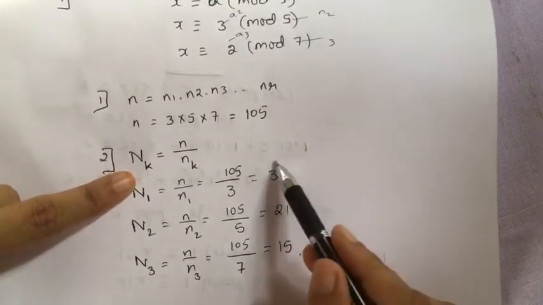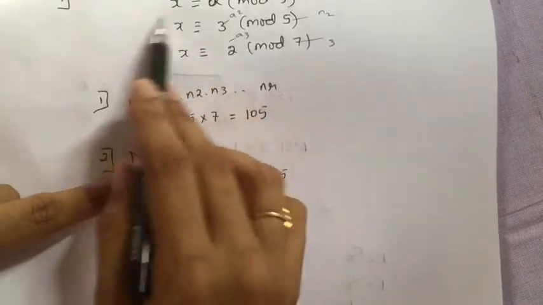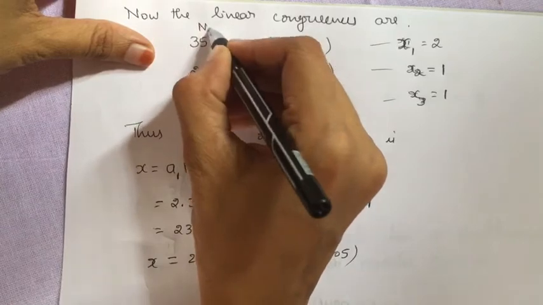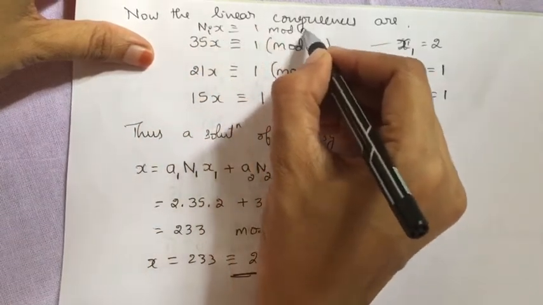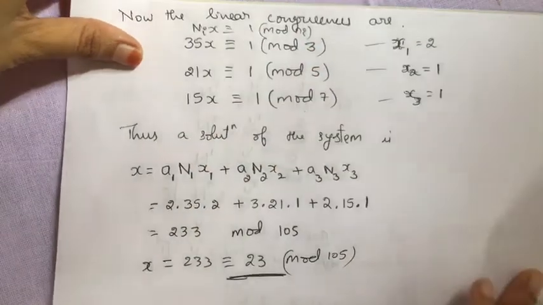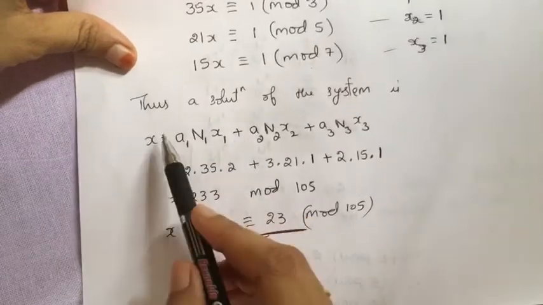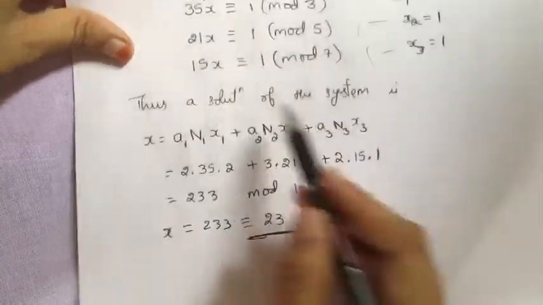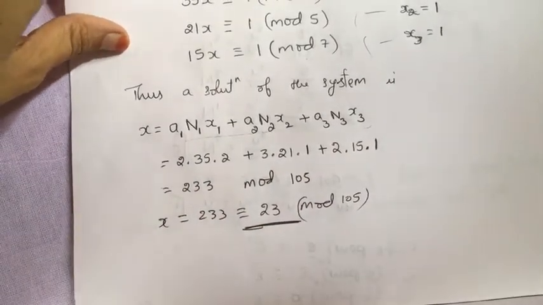Then by taking these capital Ni's, rewrite the congruence relation by writing Nix is congruent to 1 mod ni. After that, find the solution to these congruence relations. And then combine the solutions by using the summation of ai, ni, xi.